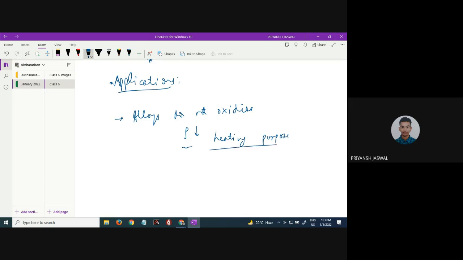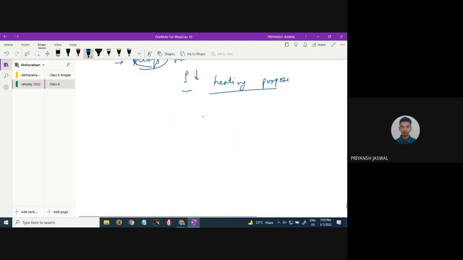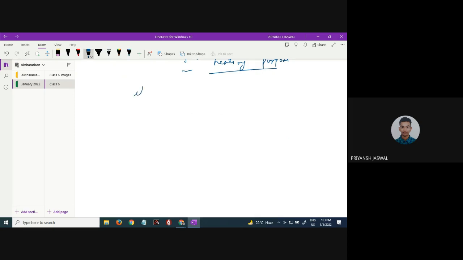The heaters which we use, in that there is alloy wire which has been coiled around some insulator. These alloys are used for heating purposes. Like some commonly used electrical heating devices, those are in your house, are electric iron, which we use to iron our clothes, toasters, etc.